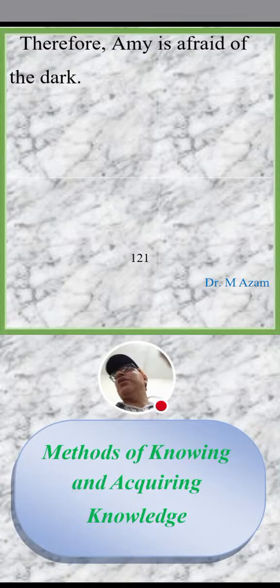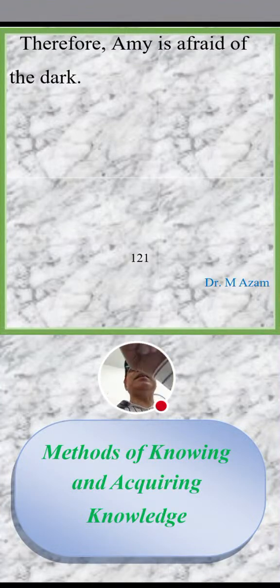This is the conclusion. Now, these two premises and this conclusion, when we combine them, become an argument. The premises plus the conclusion make an argument.